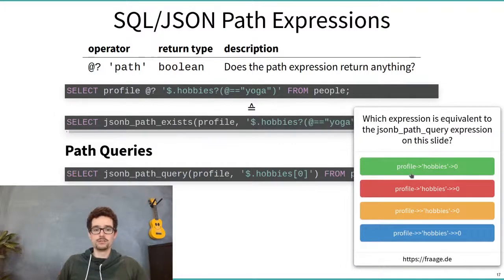So we had this question last time. Path query expression is this one here. We go to the first element and access it not as a text, but as a JSON. JSON path query returns JSON. So it should be this here.